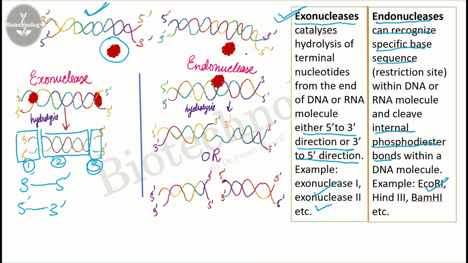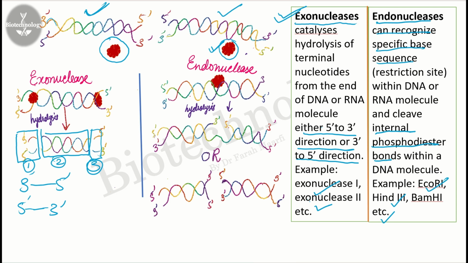EcoRI, BamHI, HindIII are examples of endonucleases. Suppose this is a DNA strand and this is an endonuclease restriction enzyme, right? It is a DNA molecule and this one is the endonuclease restriction enzyme.